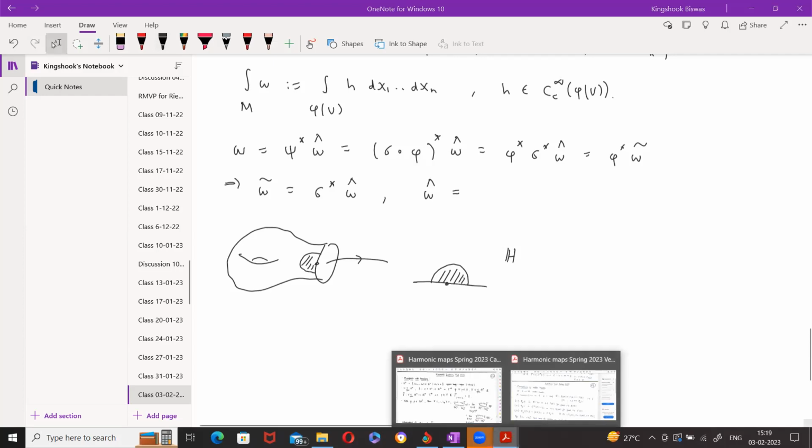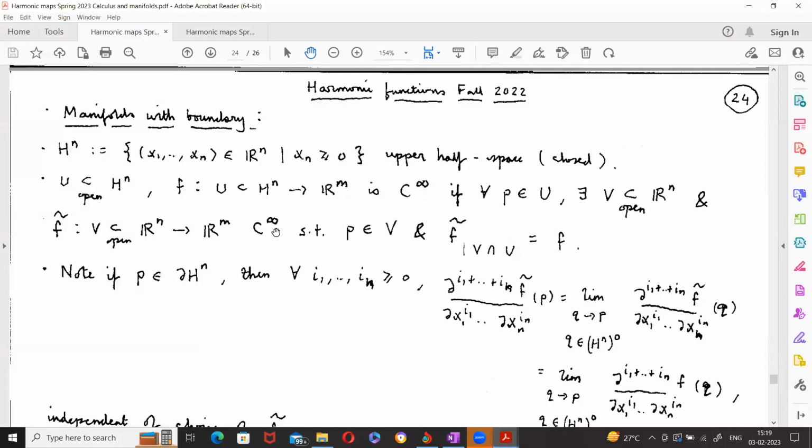So in general, in higher dimensions, you define the closed upper half space to be the set of x1 to xn in Rn where xn is greater than or equal to 0. This is Hn, the closed upper half space. And then you need to define what is a smooth map from an open subset of the half space Hn into Rm.